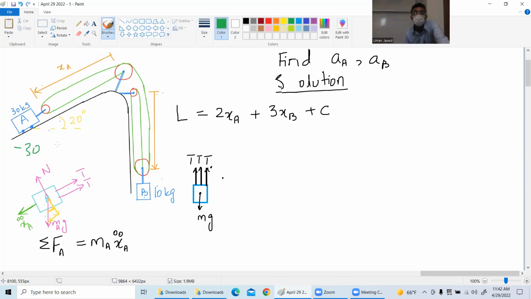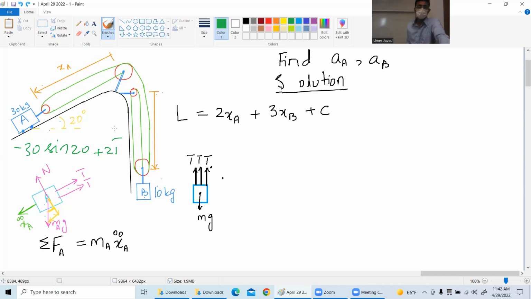So minus 30 sine 20 plus 2T equals, I know you will be like, it's equal to something. Let me actually equate it to zero. I know it's not zero, but I will tell you what I'm trying to do. You just give me a value of 30 sine 20.